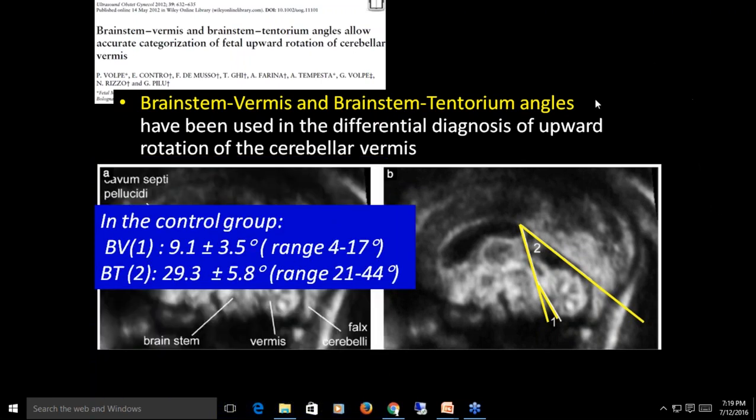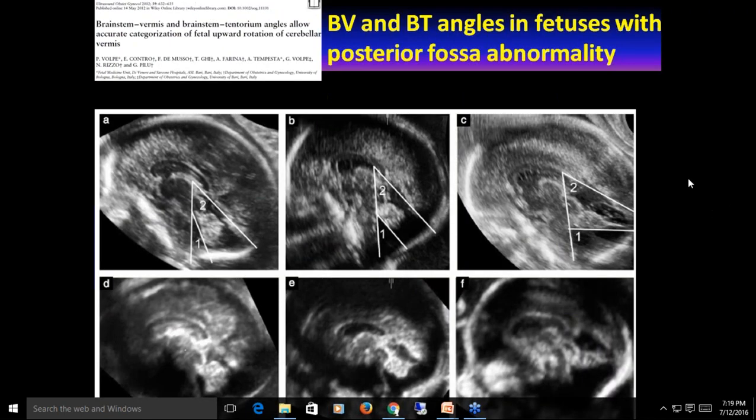Using these measurements in the control group, they found that in normal controls, the BV angle is about 9 degrees, and the BT angle, the brainstem tentorium angle, is about 29. In addition, they went on to see how these angles perform in fetuses with posterior fossa abnormality.